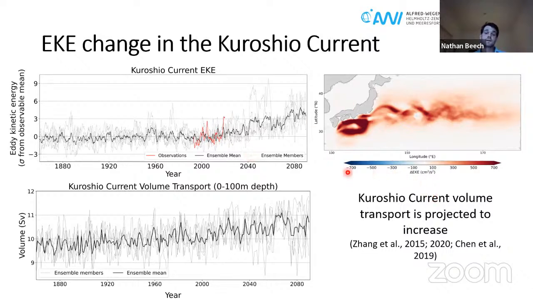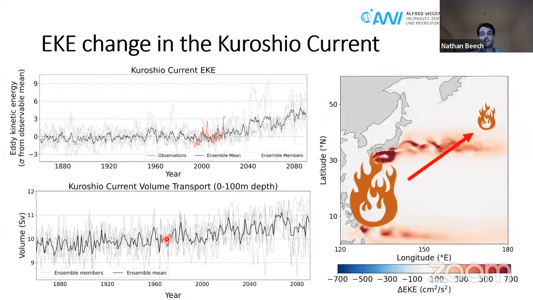And so we can double check that theory with the model data set. And as you can see here, we also project an increase in water moving through this current, which means more energy that can be converted into eddies. And again, we can ask ourselves why that is. Very simply, we know that climate change is heating things up on Earth, but it's not uniform throughout the globe.